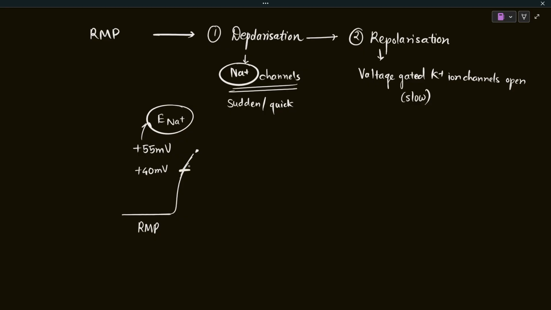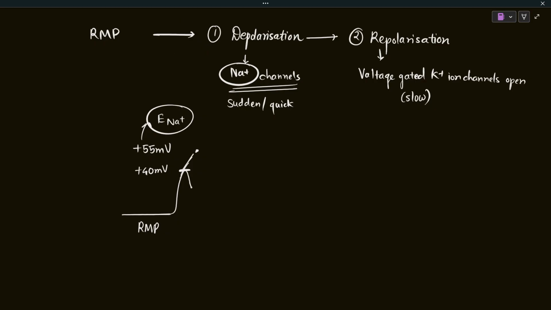It stops at 40 millivolts because, when the membrane potential reaches somewhere here, the voltage gated potassium ion channel starts opening. Though the process is very slow, they do open at this point, and they start the efflux of potassium ions. Due to the potassium efflux, the membrane potential never reaches 55 millivolts.